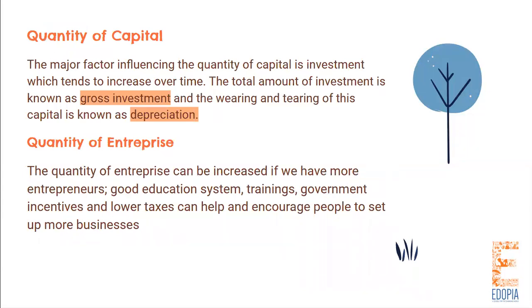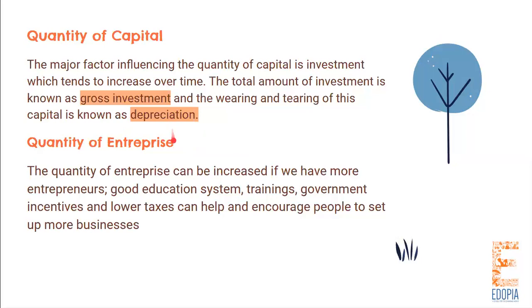Now we'll move on to the quantity of capital. Here there are certain definitions that would be explained later. When we look at capital, which includes machinery, tools and equipment that are used in production, if you have to increase the quantity of capital, then you have to invest more into the latest machinery and equipment and bring new technology into your business. So increased investment would increase the quantity of capital.